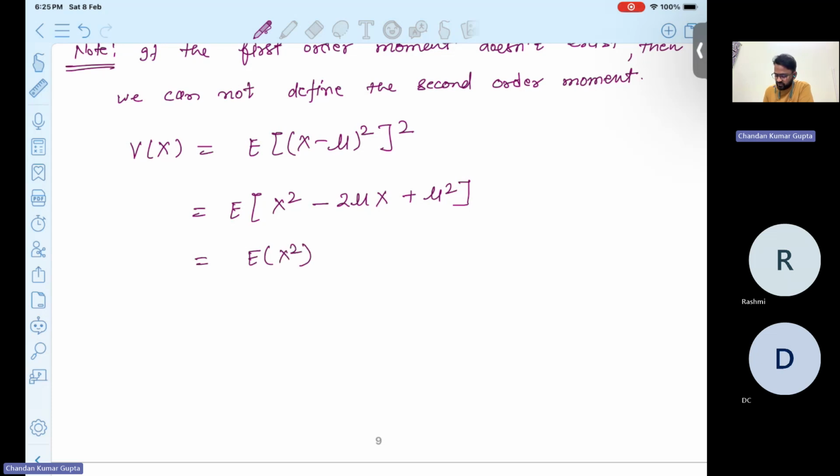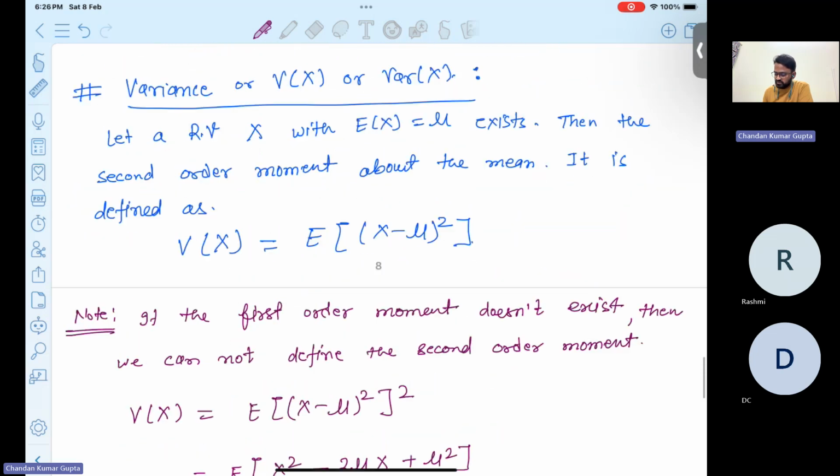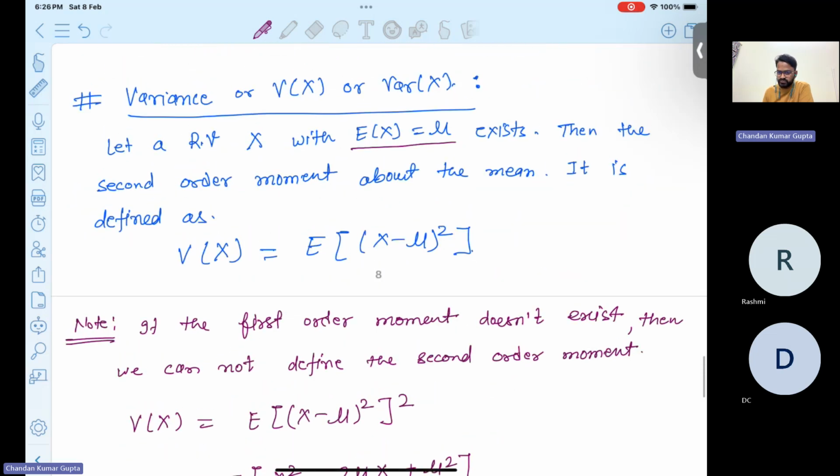So it is the expectation of X square minus twice mu, where mu is a constant so it comes out of the expectation, and mu square, since it is a constant, has expectation mu square. So it comes out to be the expectation of X square minus 2 mu times the expectation of X, and we have already mentioned that the expectation of X is mu.